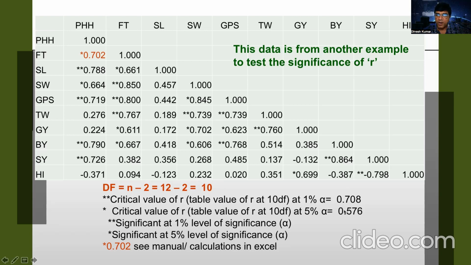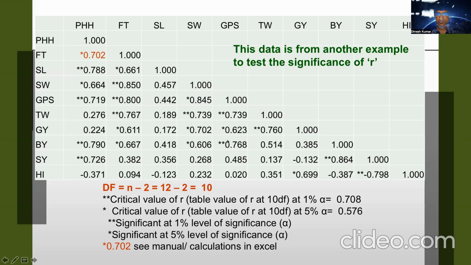So you can see, if you want to see the significance at 5%, then the values which are higher than 0.576, you can put 1 star. That is significant at 5% level. So you can see what are the values which are greater than 0.576. You put 1 star.